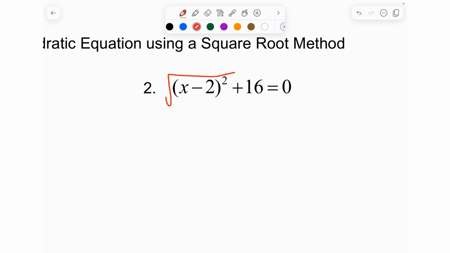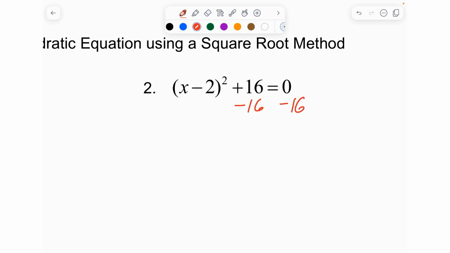But what we got to be careful is that we don't do it in the wrong order. You see, some students want to take the square root of sort of everything in this equation, and you can't do that. You can't take the square root of the x minus 2 squared and the plus 16 at the same time. Instead, we have to get ourselves thinking a little bit more like doing an isolation of the square.